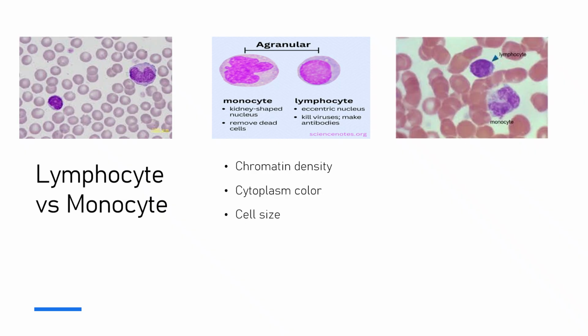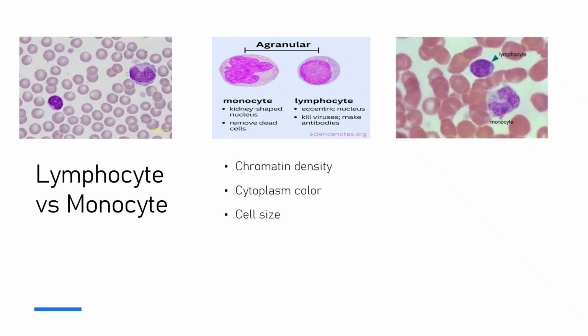Lymphocytes are generally smaller, often close to the size of a red blood cell. Monocytes are the largest circulating white blood cells and usually appear noticeably bigger on a smear. Second is the nucleus. Lymphocytes typically have a round, dense nucleus that takes up most of the cell. There is usually just a thin rim of cytoplasm around it.